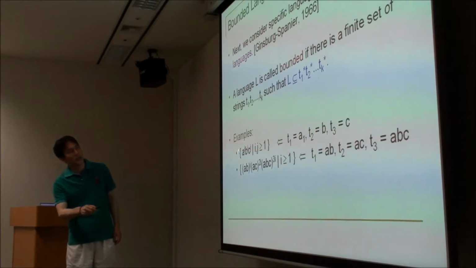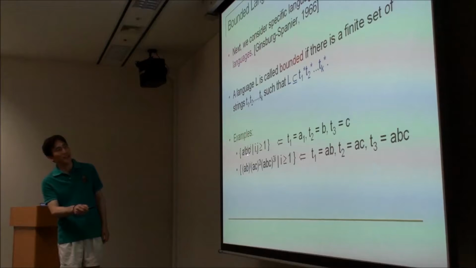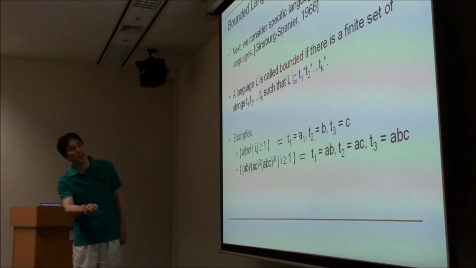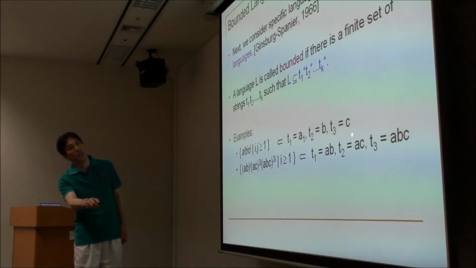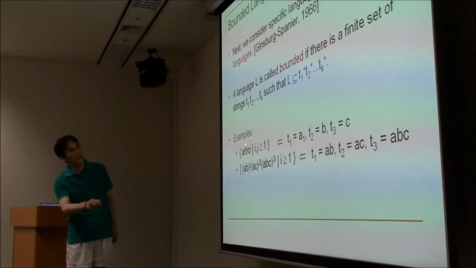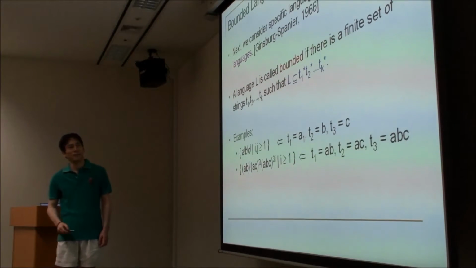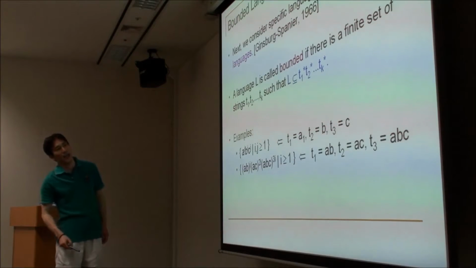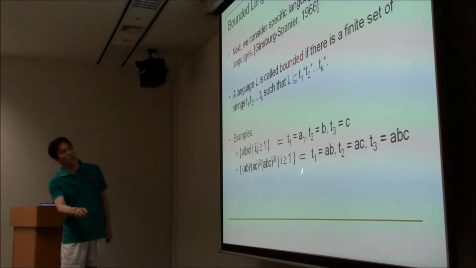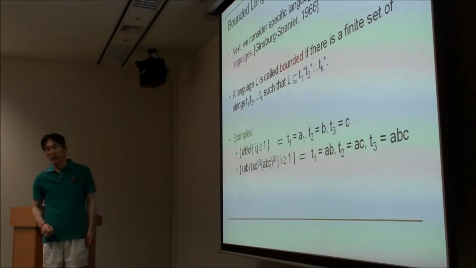The example is like this one here, a^i b^i c^j. For example, if you take a for T1, b for T2, c for T3, then this satisfies this definition. In the second case, we take those assignments, then we'll get a bounded language like this one.